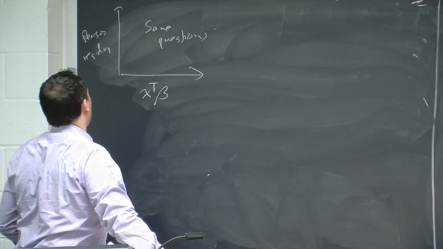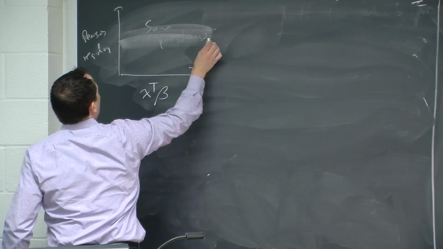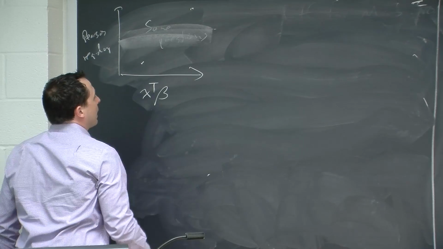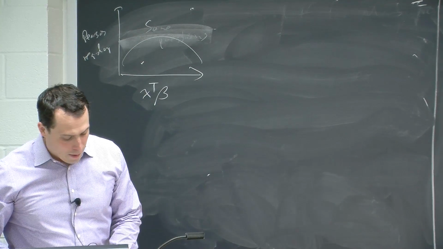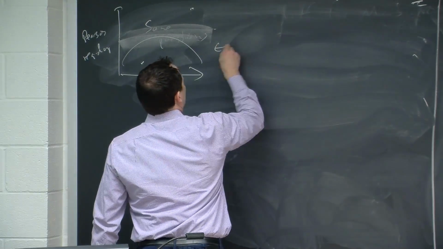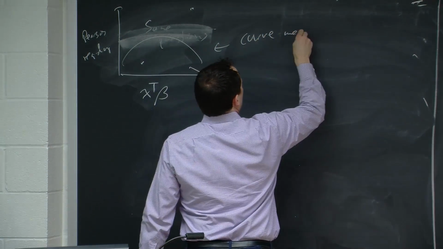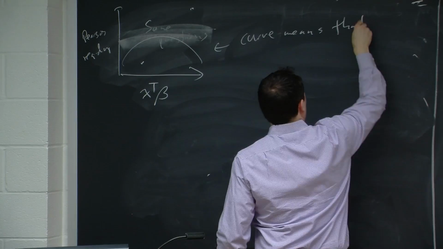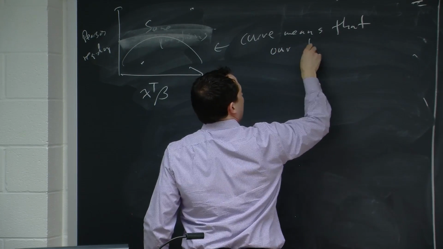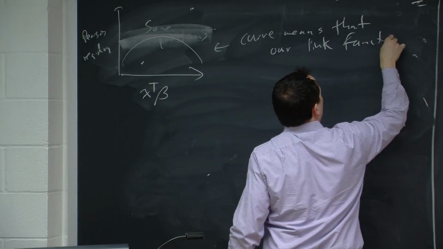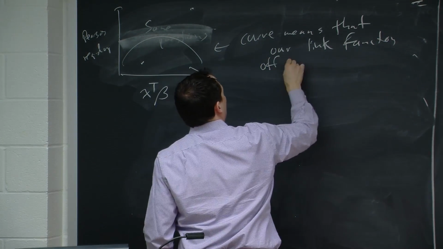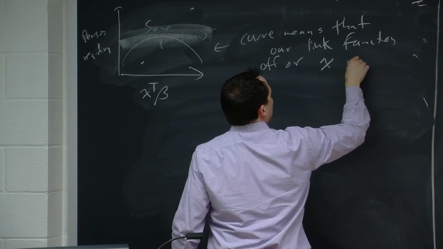So we don't want to see outliers. Outliers have the same kind of meaning. Curves mean that, in this case, it's not quite a failure, but our link function might be off, or the x's need to be transformed.